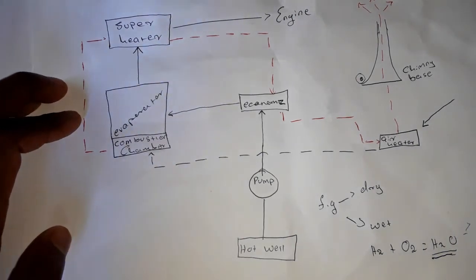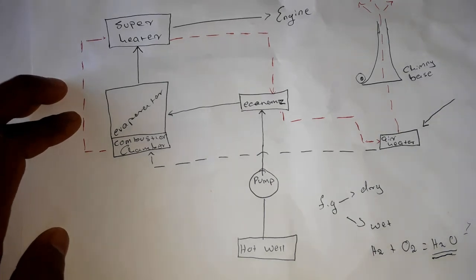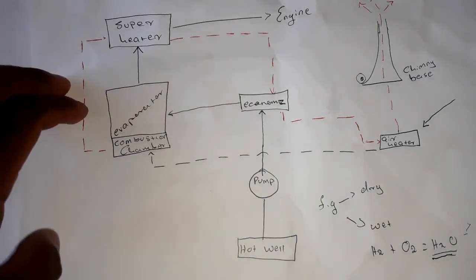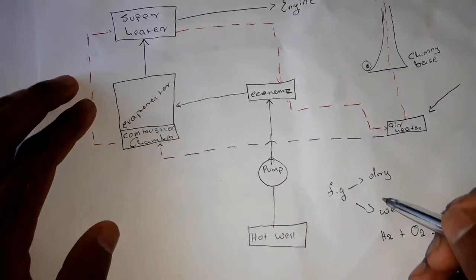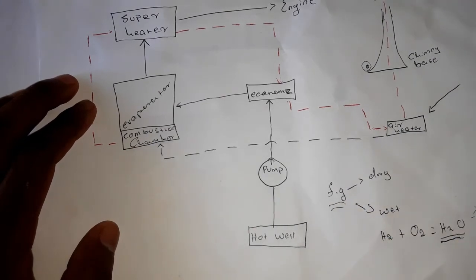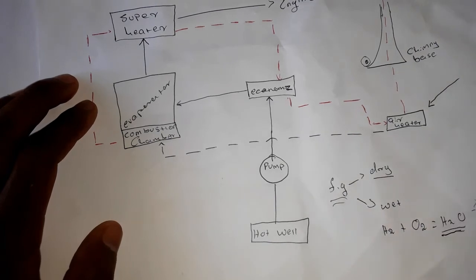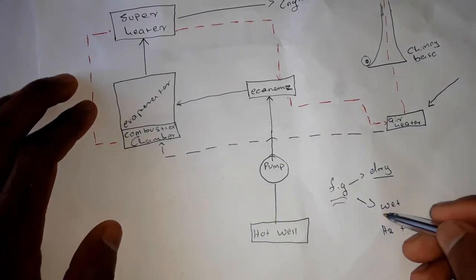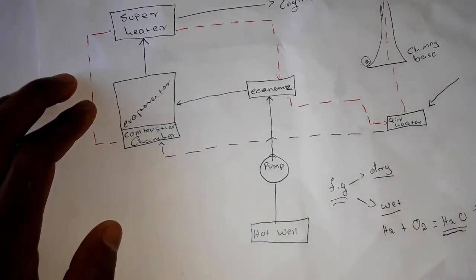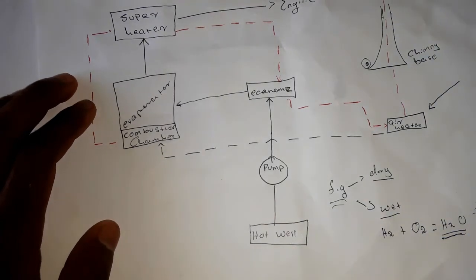And we are going to say that heat energy was lost since it was not used in the evaporator. So to get the total heat energy that was lost with the fuel gases, we have to get the heat energy that went out with the dry gases and the heat energy that went out with the wet gases.